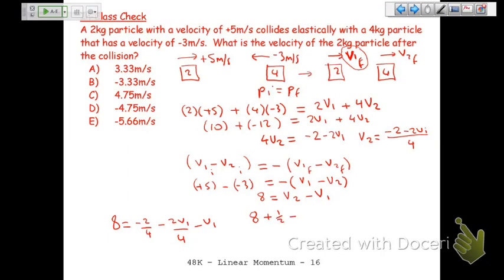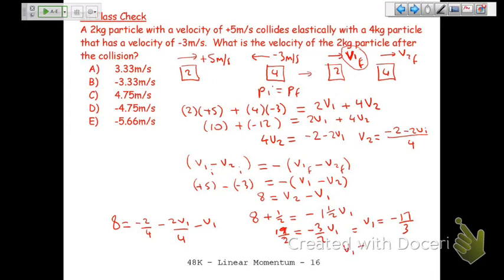Is equal to minus 1 and 1 half V1. Minus and minus, so minus 1 and a half V1. That's going to be 17 over 2 is equal to minus 3 over 2 V1. The 2's go away. So V1 is equal to minus 17 over 3.